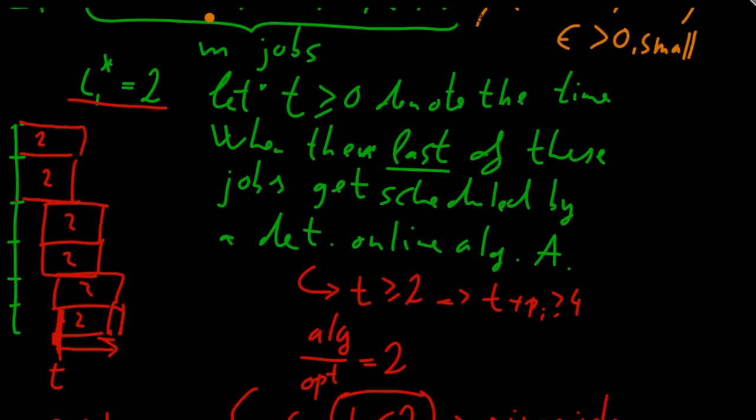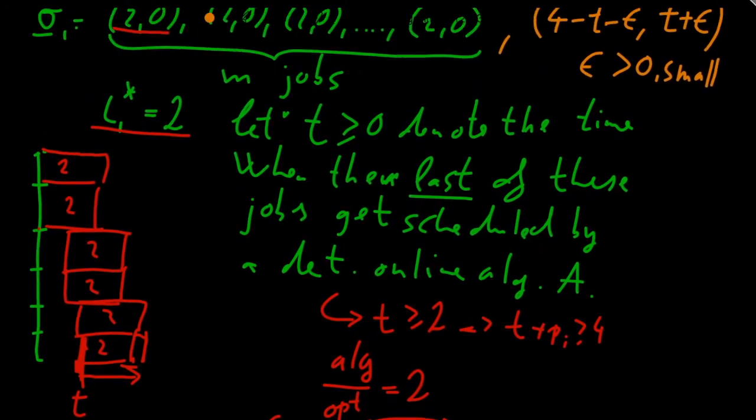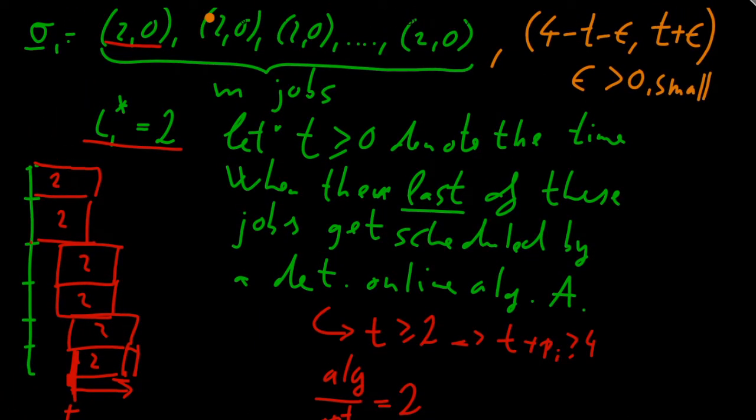Now, of course, since all the machines are working at time point t, the algorithm has to wait, and the earliest it can process this particular piece of the input is this point.